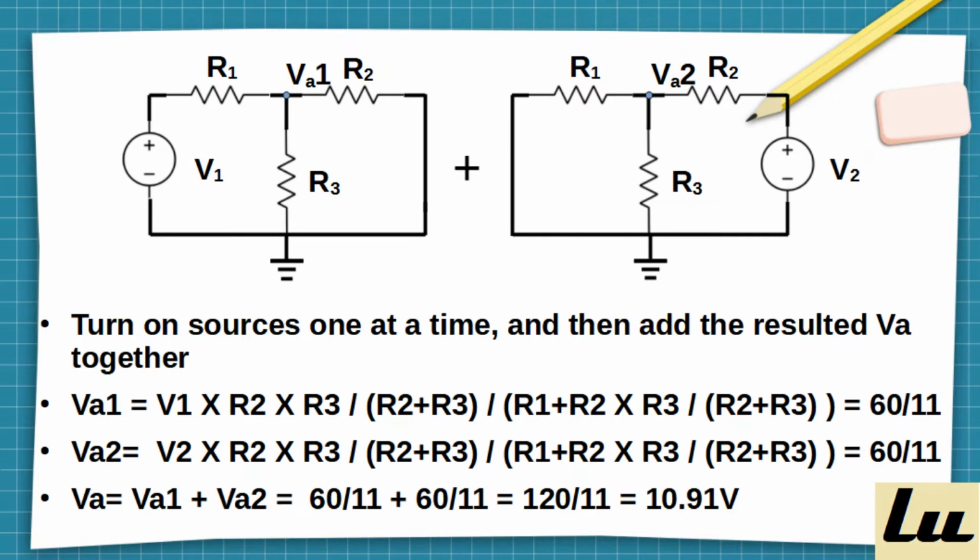The resulted VA1 is 60/11. Similarly, VA2 is 60/11. Add VA1 and VA2 to get the total VA, which is 10.91 volts as well, the same results as the previous two methods.